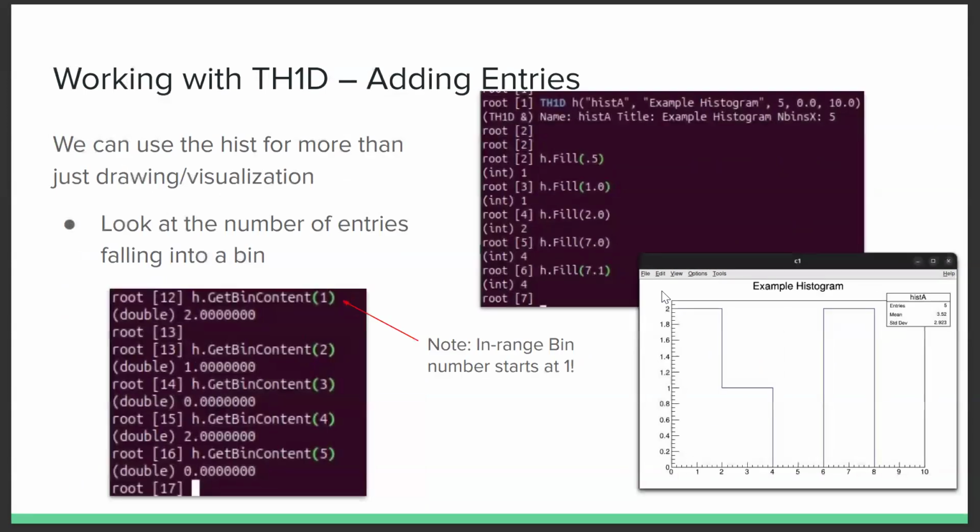I don't say that here, but that's because there's actually an underflow and an overflow bin, and that underflow bin is 0. So let's say I fill -1, it will go into the underflow bin. If I fill 11, it'll go in the overflow bin, which is just n bins plus 1.